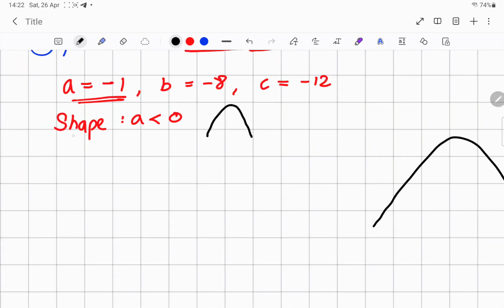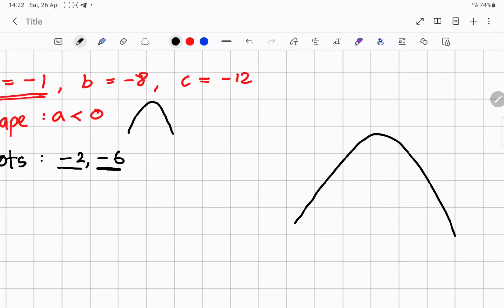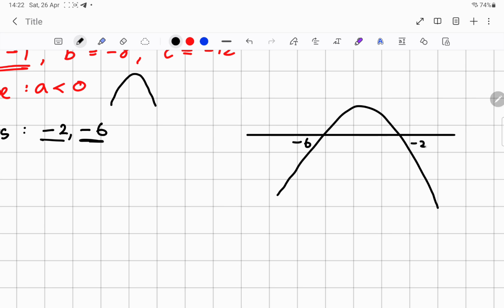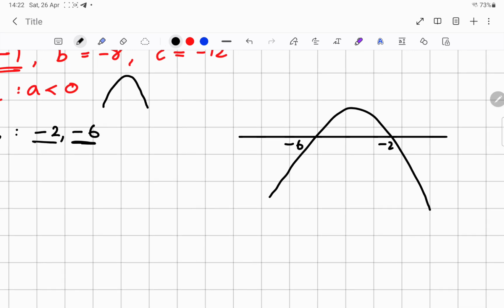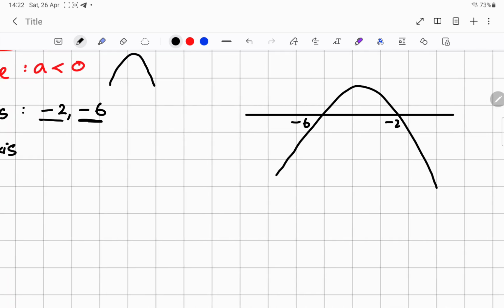Then the roots. If you press the calculator, you will get two roots, -2 and -6. That means your graph will cut at two places, two intersections with the x-axis. Here is -6 and here is -2. Now you need to position your y-axis. It should be at 0.